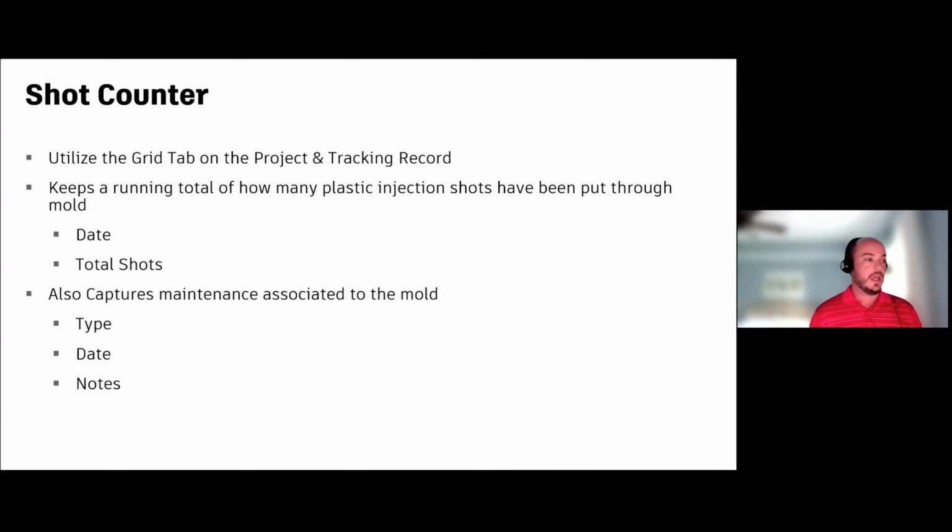Also, on this grid tab, we keep a record of the different maintenances that are required on that mold. That is also included as a part of that import that Dave talked about. We capture within that the type of maintenance that's required for the mold, the date, and then any additional information that is necessary. This is all important later on when we talk about the reports and the capabilities of being able to report back out on this data.